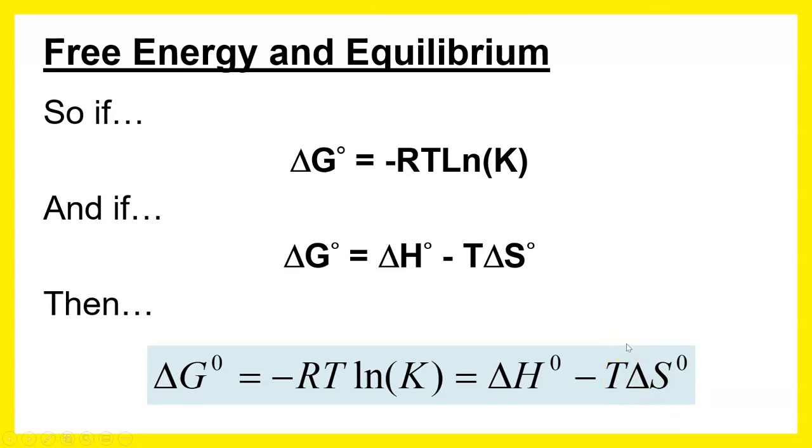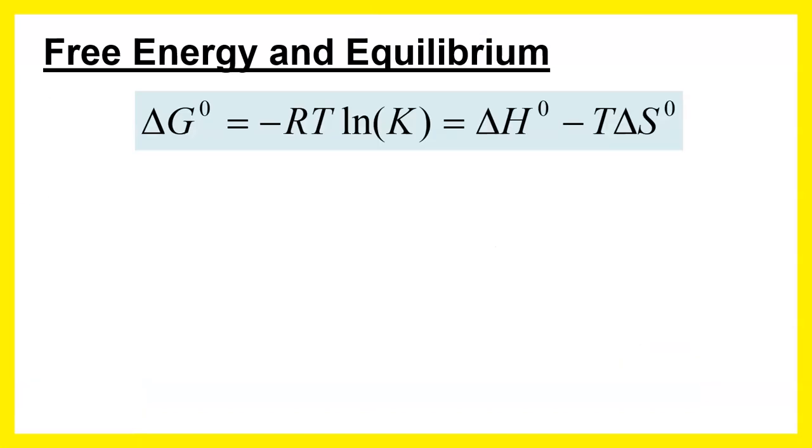So now let's take this rearrangement and keep working on it. I would like to get the natural logarithm of K all by itself. I want this to be set equal to everything else.